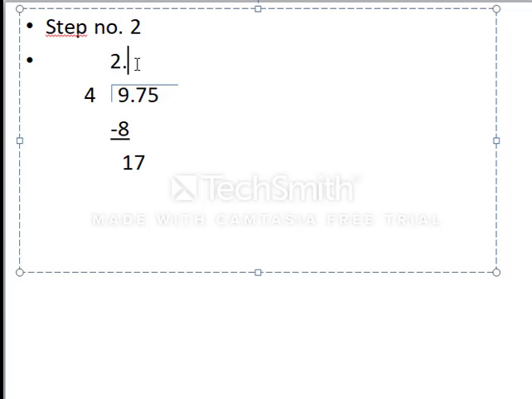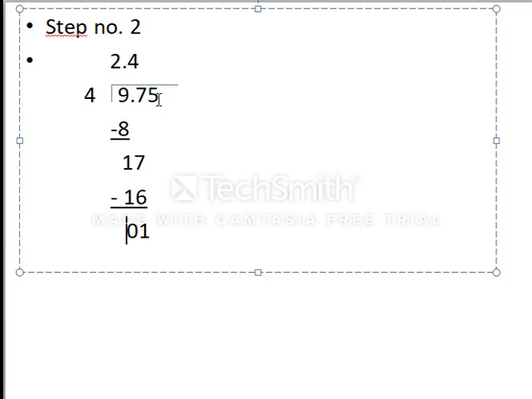So the nearest number to 17 is 16. 4 times 4 equals 16. Now I have to subtract 17 minus 16. 7 minus 6, 1. 1 minus 1, 0.